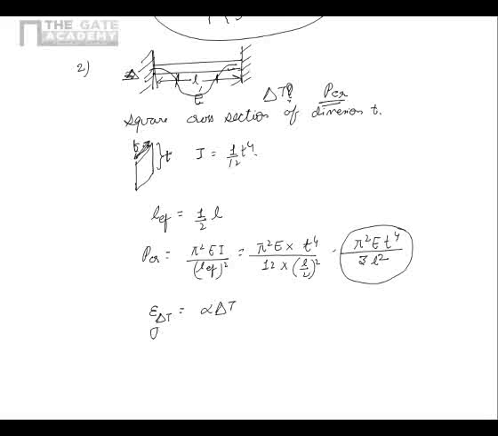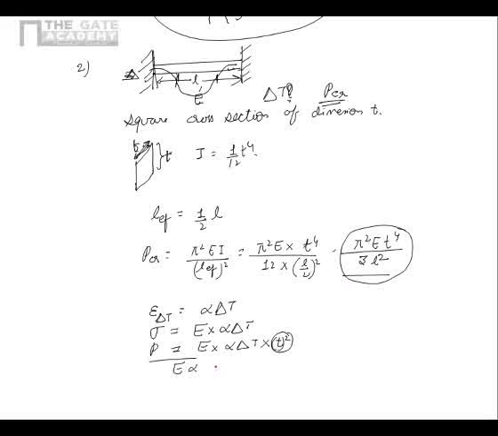So the stress caused by this, if it is not allowed to expand, will be E into alpha delta T. So the force will be E into alpha delta T into T square, because this is the cross section area. So this should be equal to this much force.